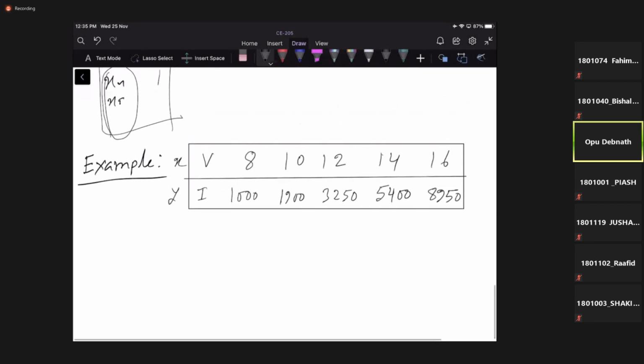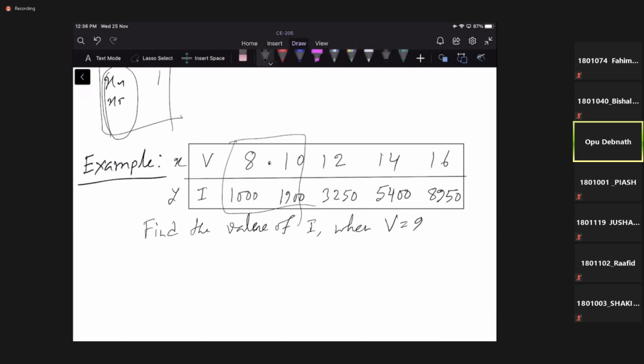The problem is: find the value of I when V is equal to 9. That means your required point is in between 8 and 10, at the very beginning of your table.